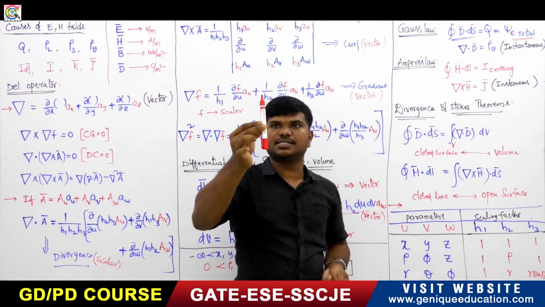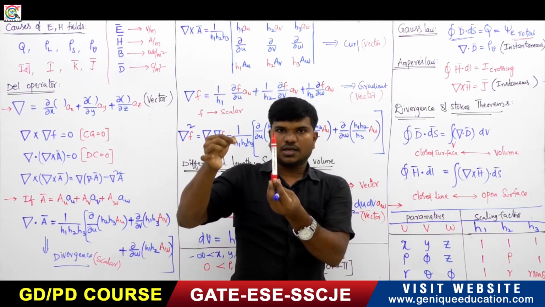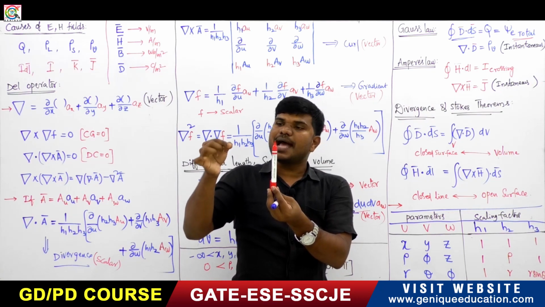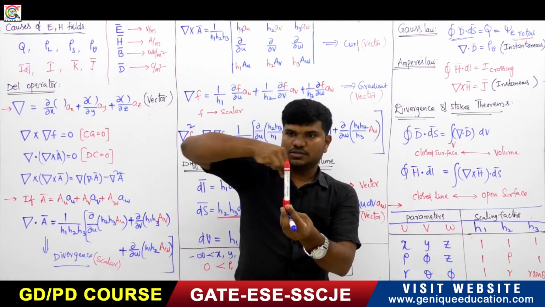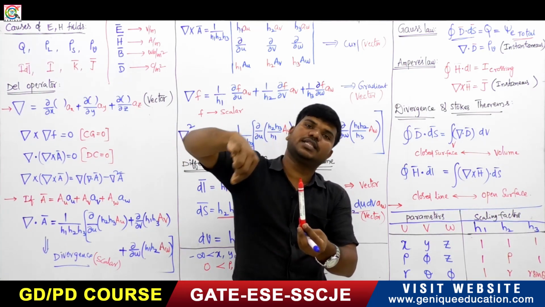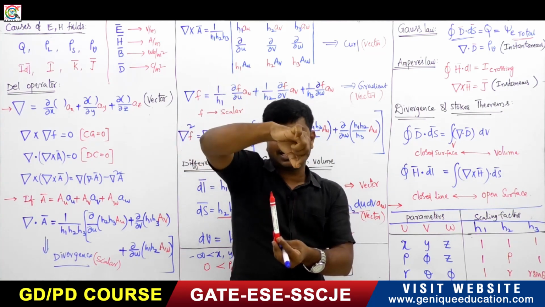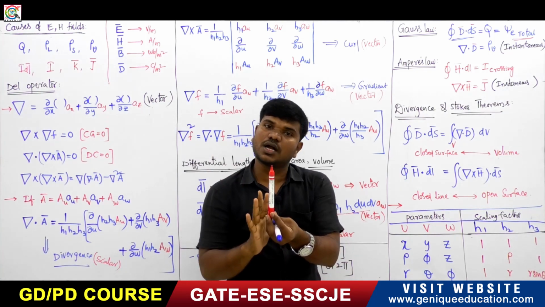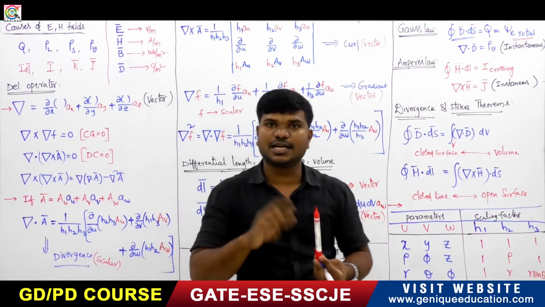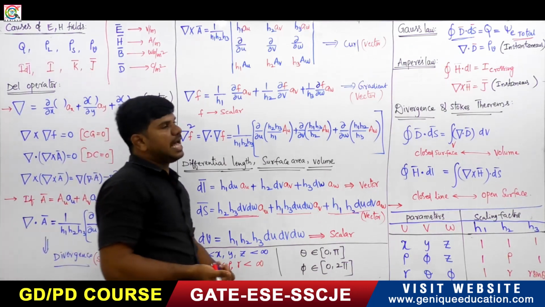Suppose there is a current carrying wire, and I draw a circle around it. The total magnetic field circulation on this circle will be equal to the current crossing this circular area. That is defined by Ampere's law.